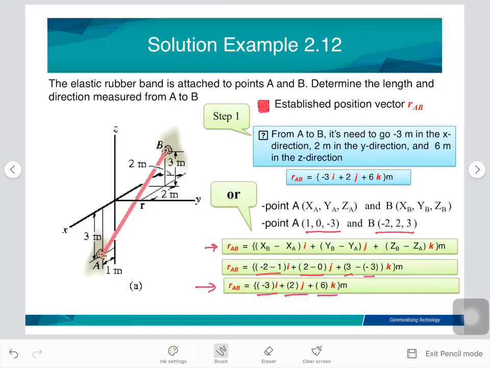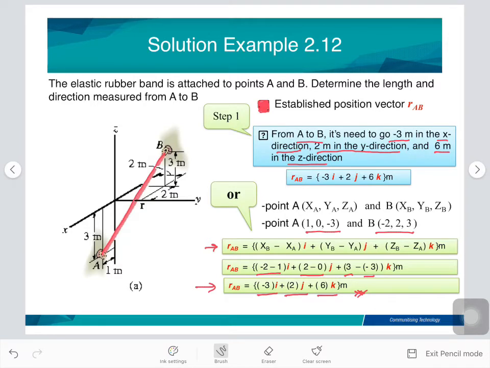So this is the position vector RAB for the rubber band. From A to B, the rubber band needs to go negative 3 meter in the X direction, then 2 meter in the Y direction, and then 6 meter in the Z direction.